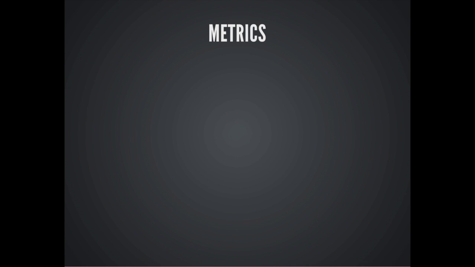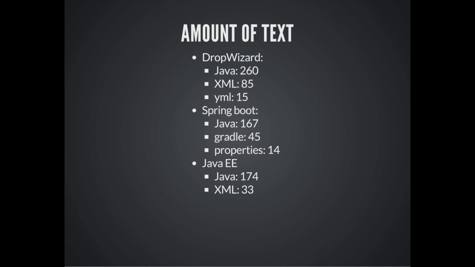Well, let's look at some metrics. Amount of text is probably the most interesting one, since that's a pretty good approximation of how much work you do as a developer to get it to work. So here we can see that Dropwizard had the most text of those solutions.